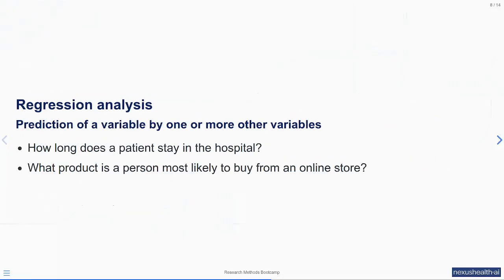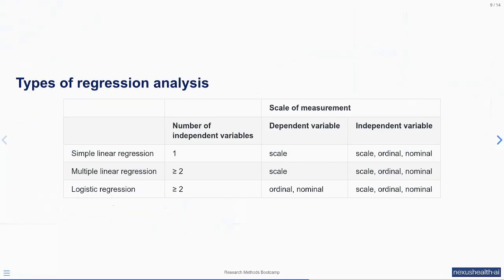We can predict a variable from one or other variables. An example of that would be, how long does a patient stay in the hospital? What product is a person most likely to buy from an online store? So these are examples of using regression to predict.